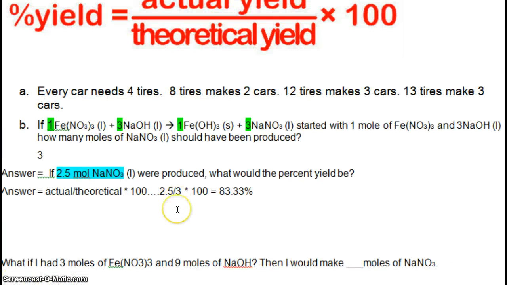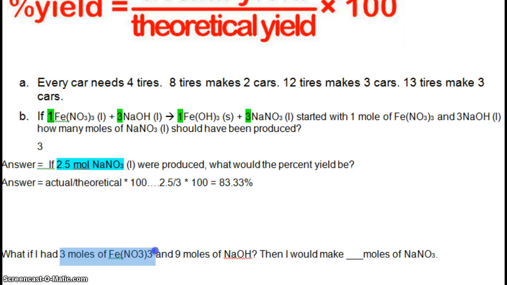So what about if I had 3 moles of FeNO3? So instead of 1, I have 3. I have 3 times as many. So if I change this one to a 3, what do you think this one changes to? Well, 3 times 3 is 9. What do you think that one has to change to?